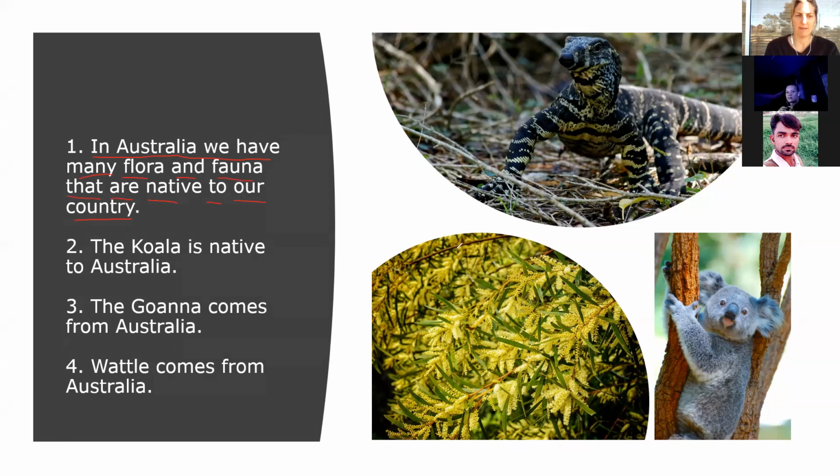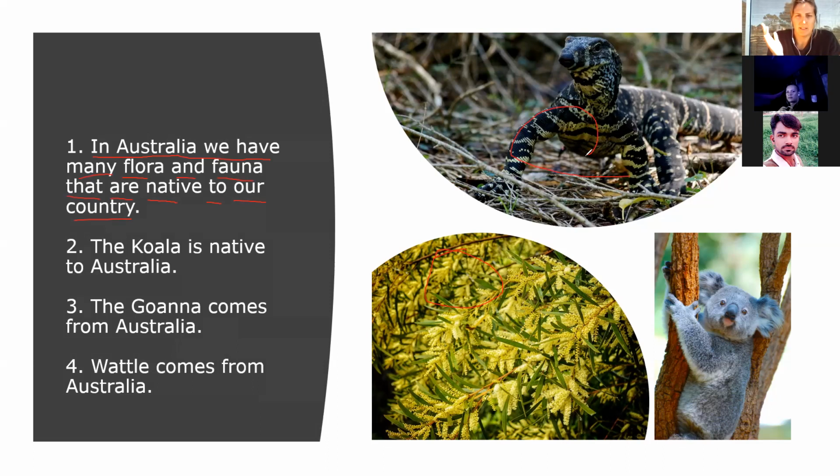Flora is the flowers. Fauna is animals. Now these are very difficult words. You don't have to say them, but I wanted to show you those words in case one day you wonder what they are. Flora means flowers and fauna means animals.